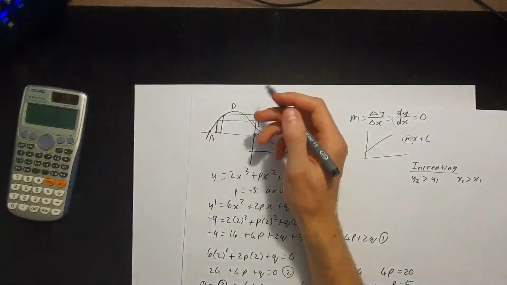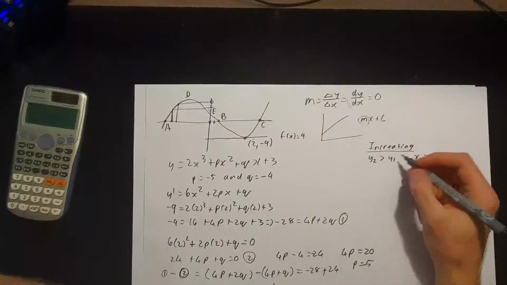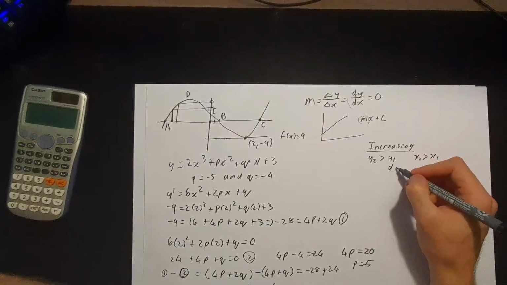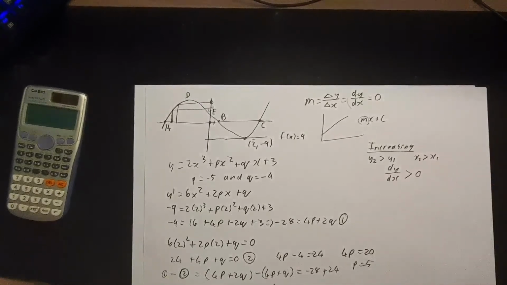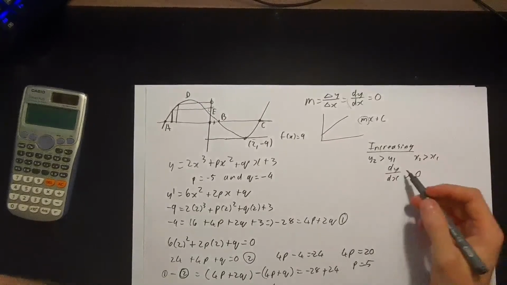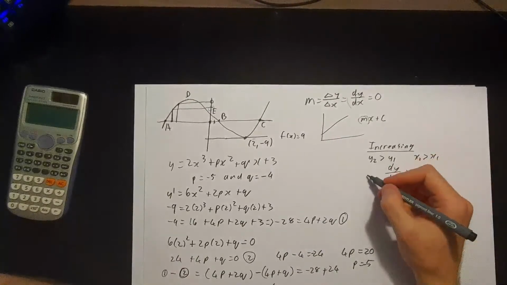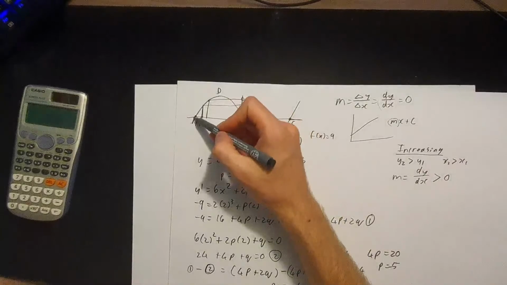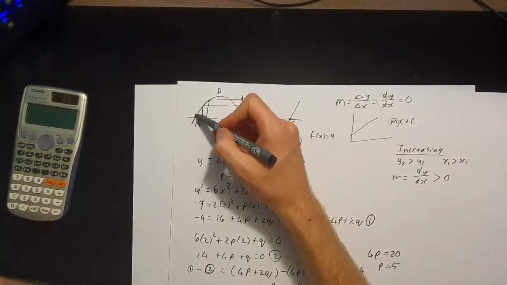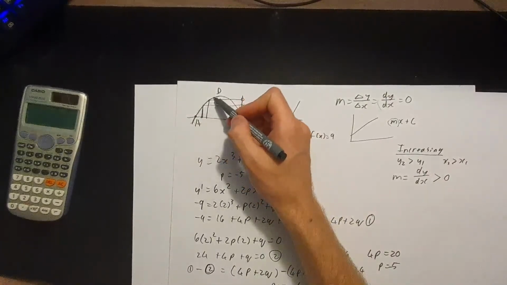How else can we determine this? Well, we can find where the derivative, so dy dx, is greater than 0. Why are we looking for that? Because we want the gradient to be positive. If my gradient or my tangents over here are all positive, we then know that the function's increasing.